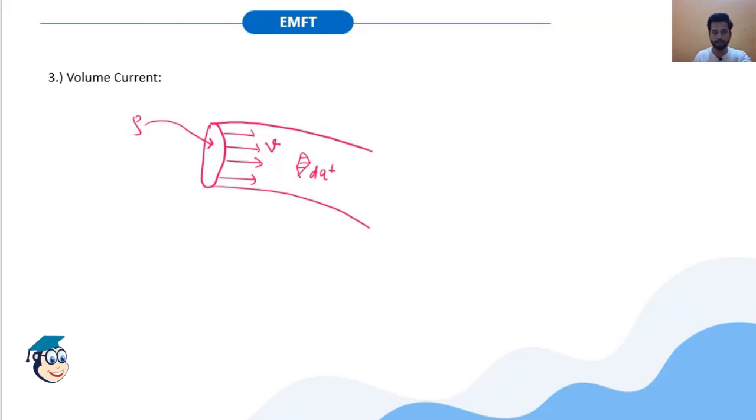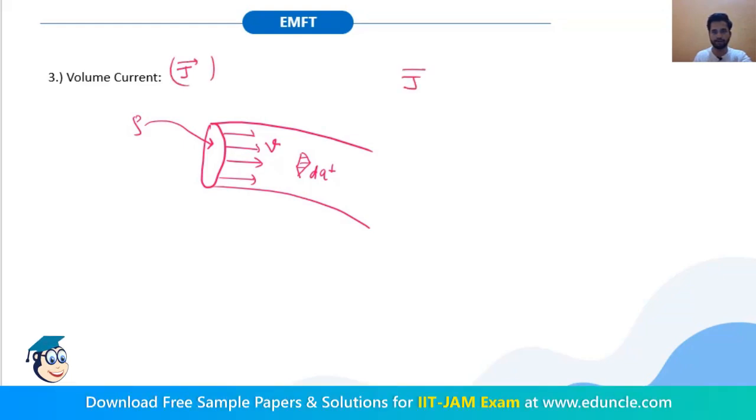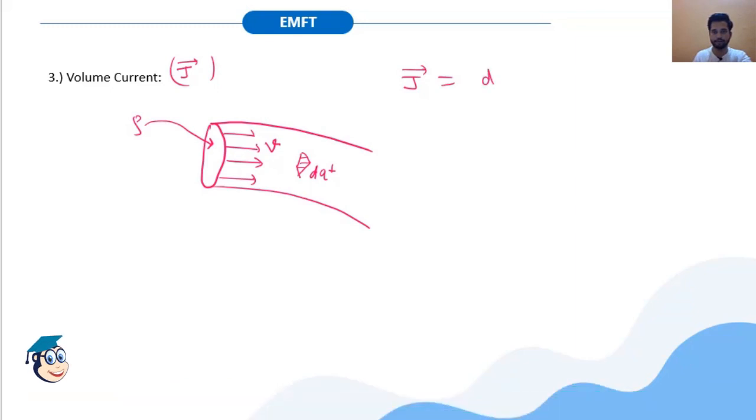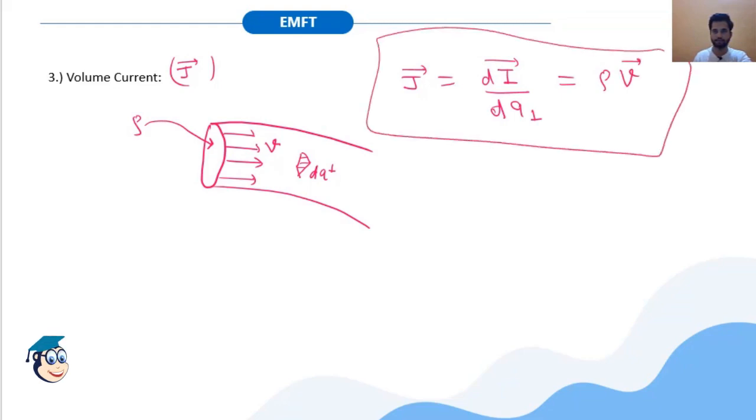So the volume current, which has the symbol J, is given by di over dA perpendicular, which is equivalent to rho times velocity v of the charged particles. This is volume current J.